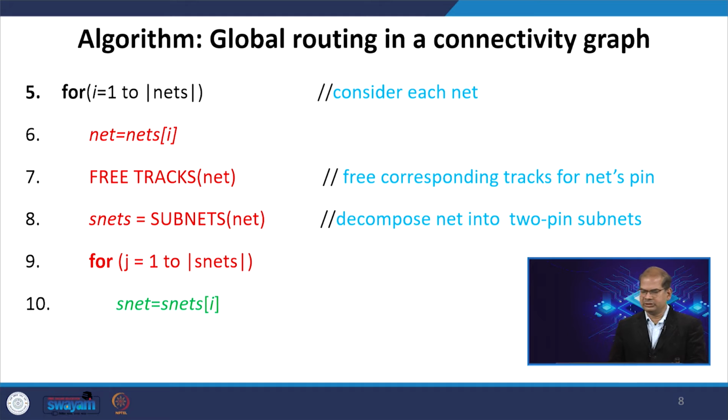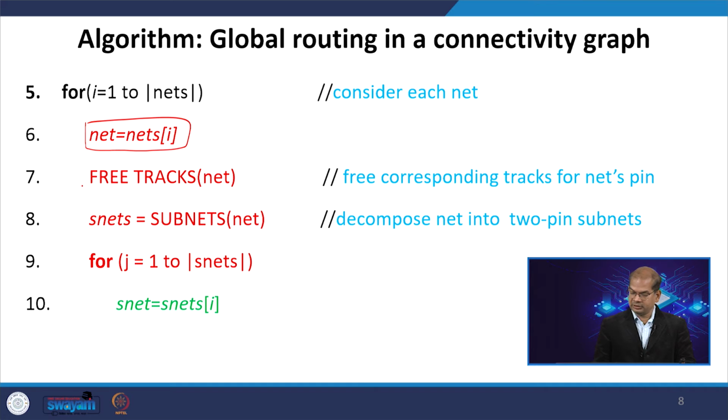Then we consider one net at a time. We take the first net, and it will pass through a free track. If the track is free, then that net will be assigned to that track.